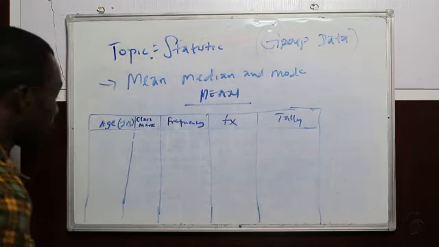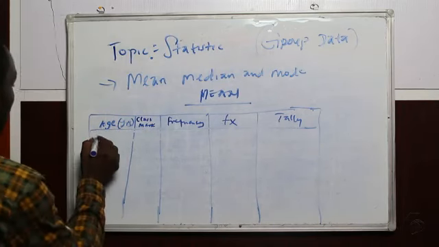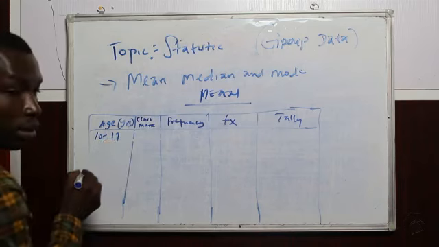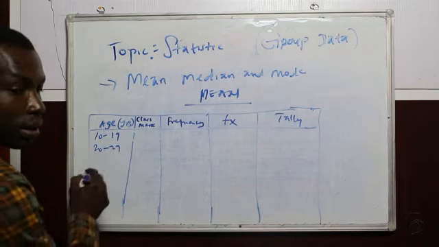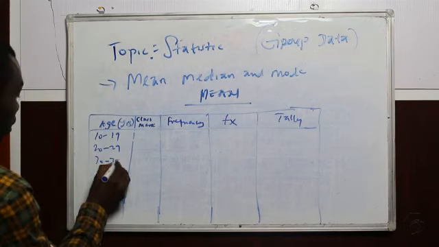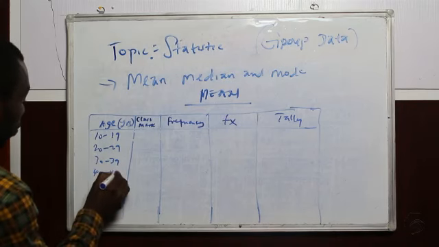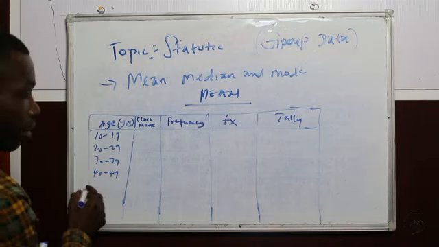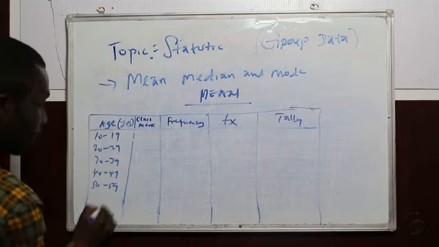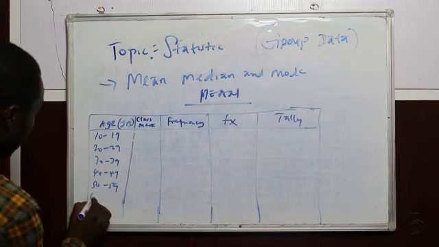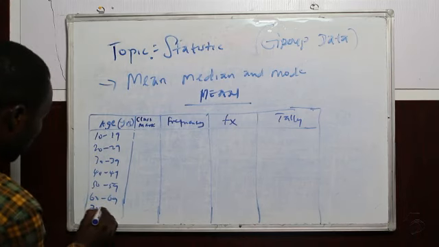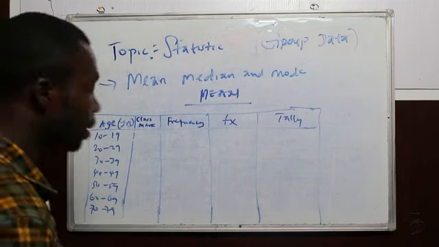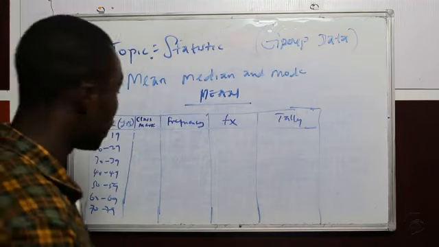Now, here is the age: 10 to 19, this is 20 to 29, this is 30 to 39, 40 to 49, 50 to 59, 60 to 69, 70 to 79.